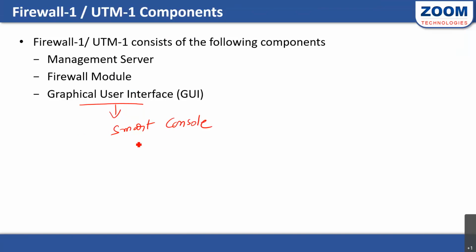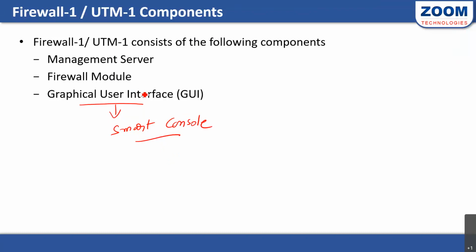There is a software called Smart Console, which we will be installing on our computer. And using this, we connect to the firewall, we write our policies, we implement them, and we also monitor what is happening on the firewall. We will be looking into the logs and everything using the Smart Console, right? So Smart Console is a user interface using which administrator can communicate to the firewall.